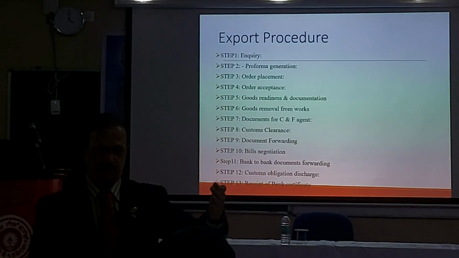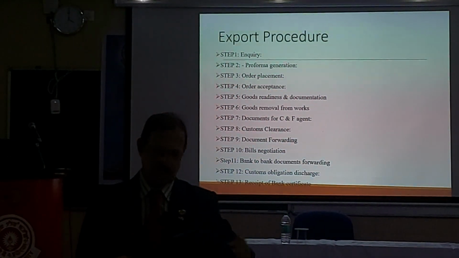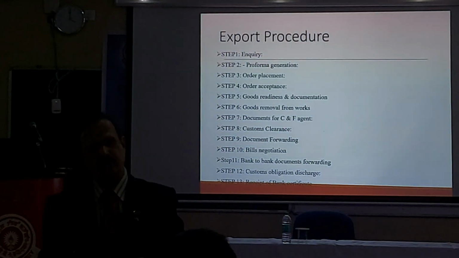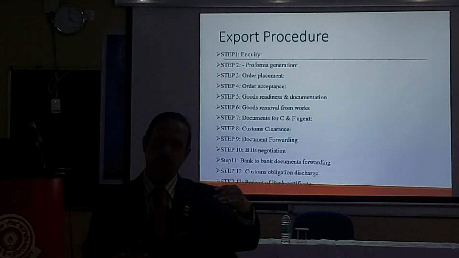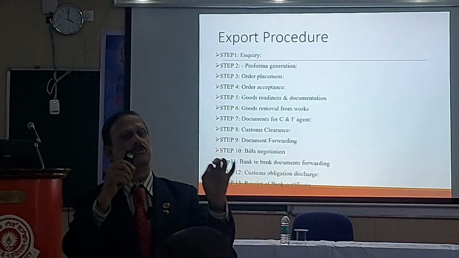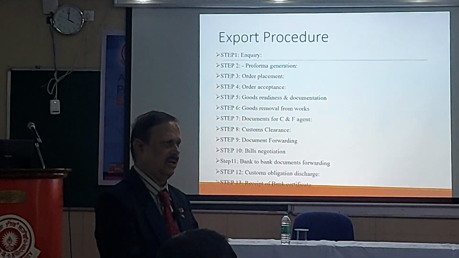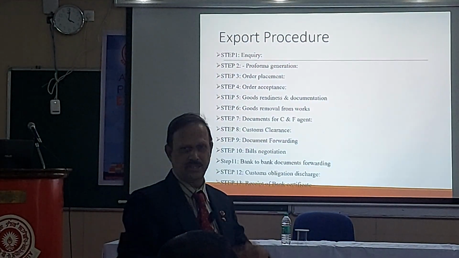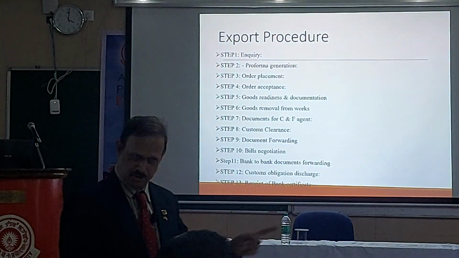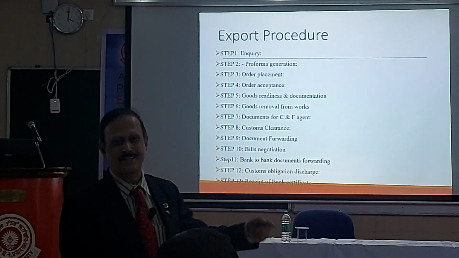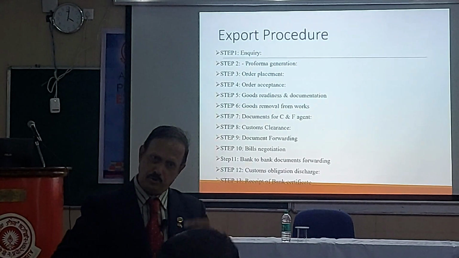So instead of bringing goods in and paying duty, and later when I export, applying for a refund, there is a procedure whereby I import raw material without paying duty, but give an undertaking to the government that I brought this raw material, I convert it to finished goods, and I export it back. So when you export, I have to tell the government, I imported raw material, now I am exporting these goods against that. So that's the obligation to the government for exporting goods.